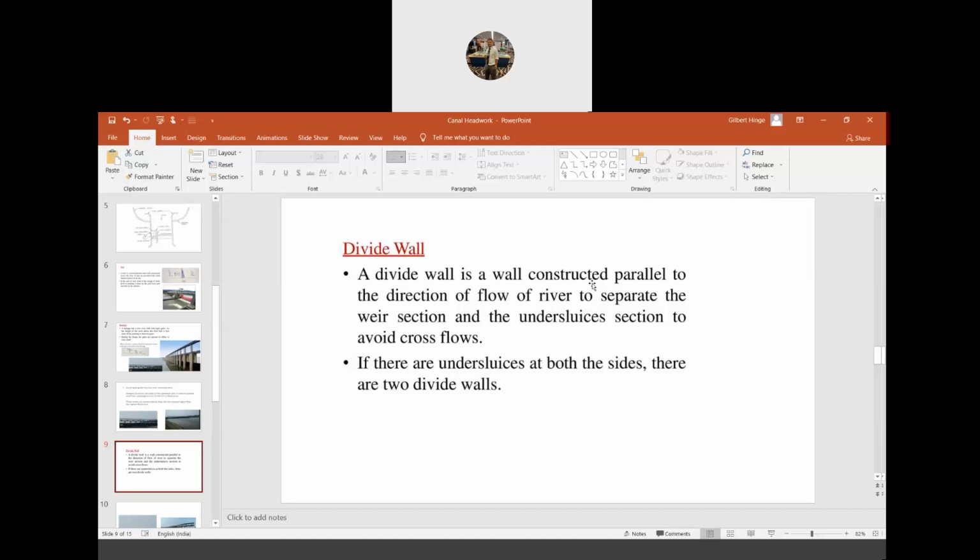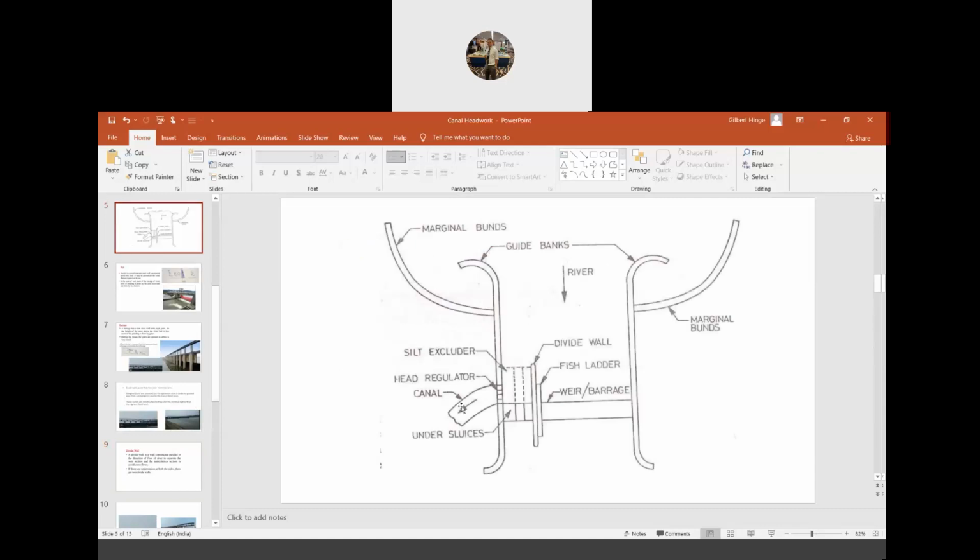I will explain to you what is the role of this undersluice. But for now, just know that the role of this divide wall is just to separate the undersluice from the weir or the barrage. So adjacent to this divide wall, there is a fish ladder. Because what happens once we obstruct the flow? We obstruct the flow here.